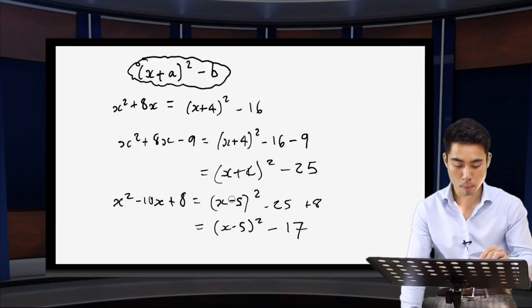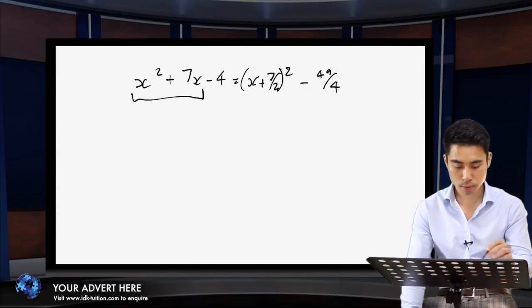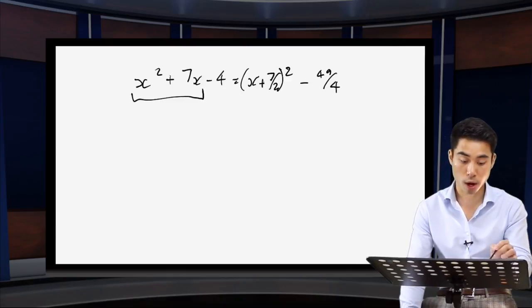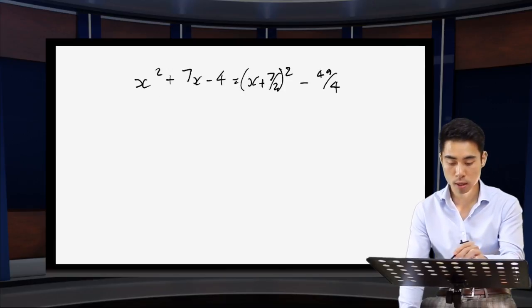Similarly here, minus 5 squared is 25, so I need to subtract 25 to get back to the first two terms of my original expression there. Similarly here, what do I subtract? I've got 7 over 2 here. I need to subtract 7 over 2 squared, i.e. 49 over 4, to get me back to those first two terms there.